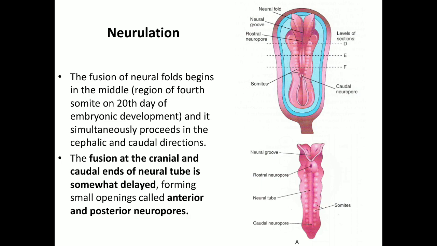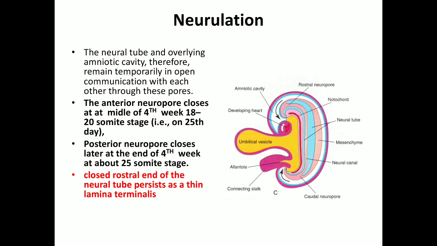But the fusion at the cranial end and the caudal end of the neural tube is somewhat delayed, and that leads to formation of some small openings called neural pores. So at the cranial end, formation of cranial neuropore or the anterior neuropore, and at the posterior and caudal end, formation of caudal neuropore or the posterior neuropore. So these are the sites where the neural folds have not fused at cranial and caudal ends, and these openings are called neuropores.